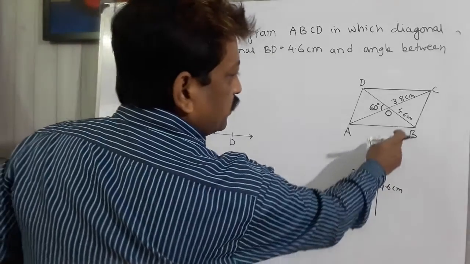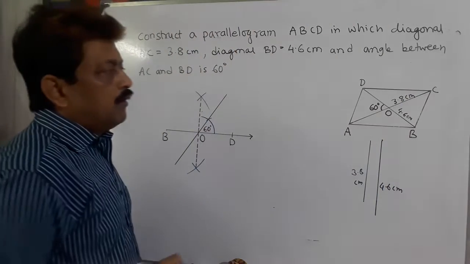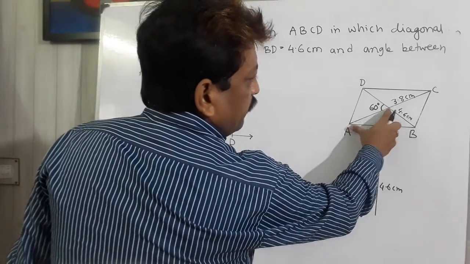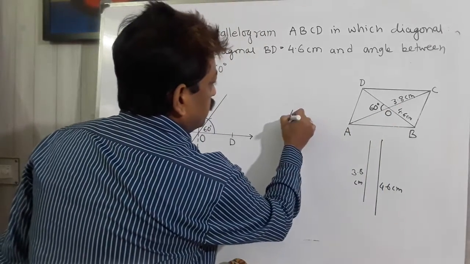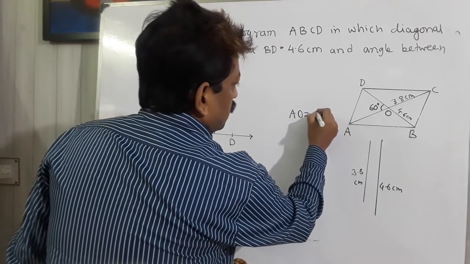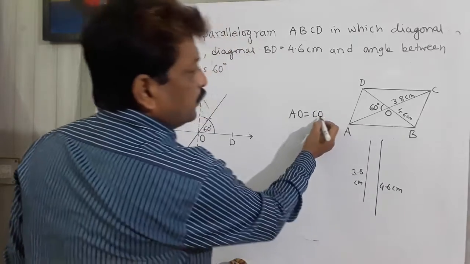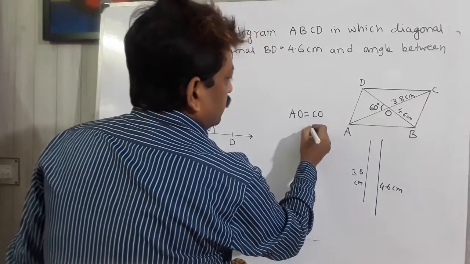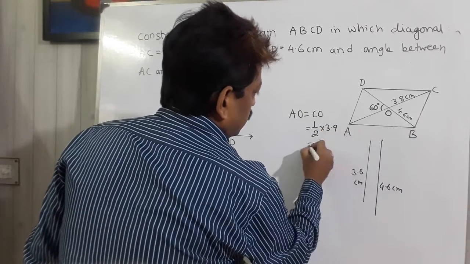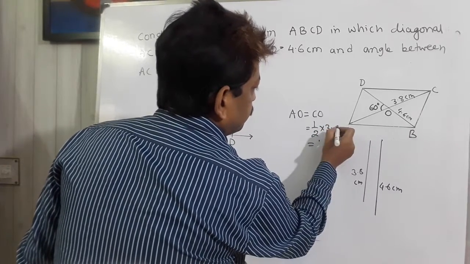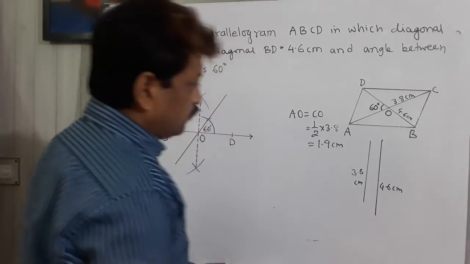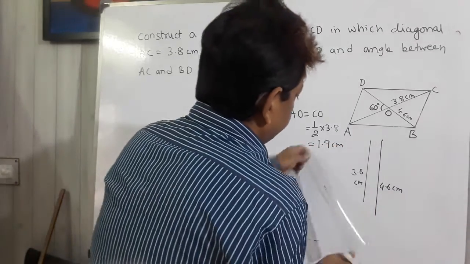Now what is the length of AC? AC is 3.8 centimeter, where OA is half of 3.8. So OA equals CO, both are equal to half into 3.8, that is 1.9 centimeter. So I have to draw 1.9 centimeter first.